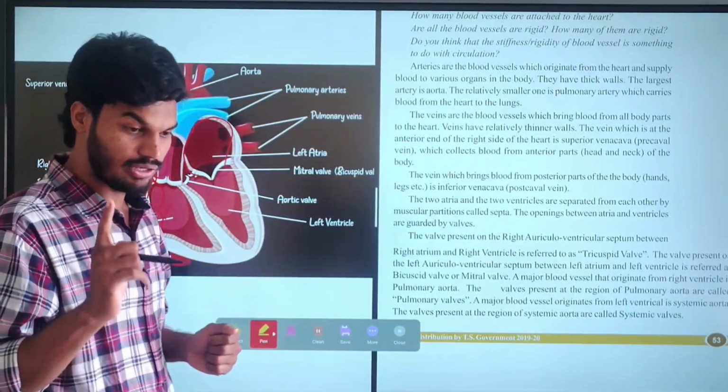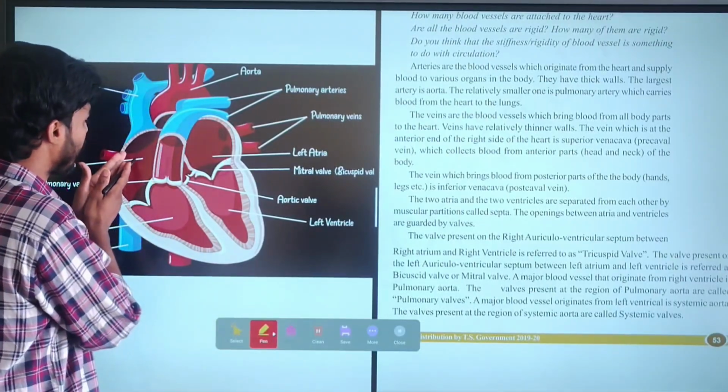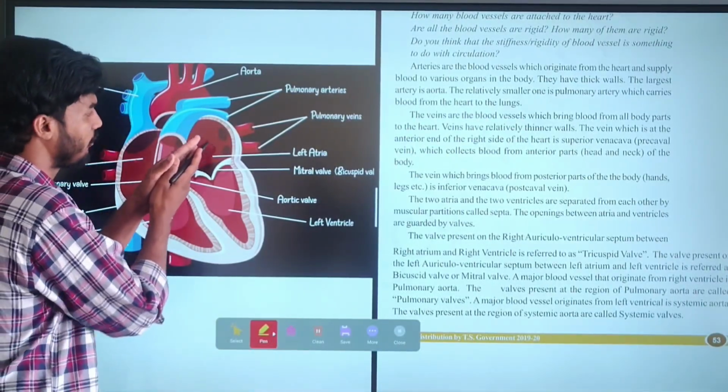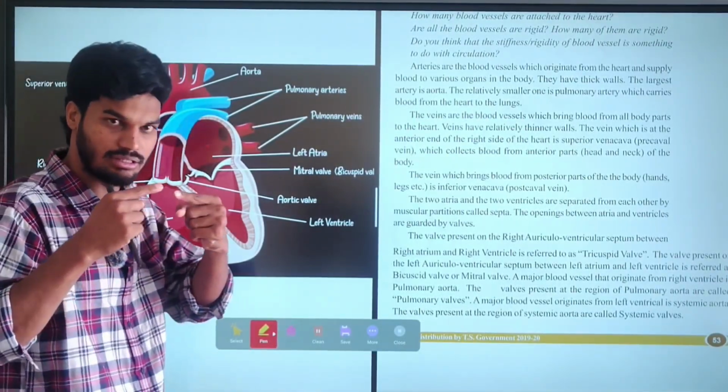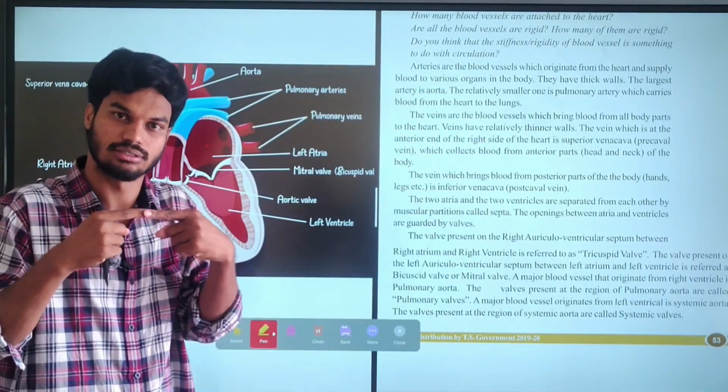The separating wall between chambers we call a septum, and the opening from the right atrium to the right ventricle, and left atrium to left ventricle, we call valves. These valves look like gate-like structures, opening and closing. Clear?